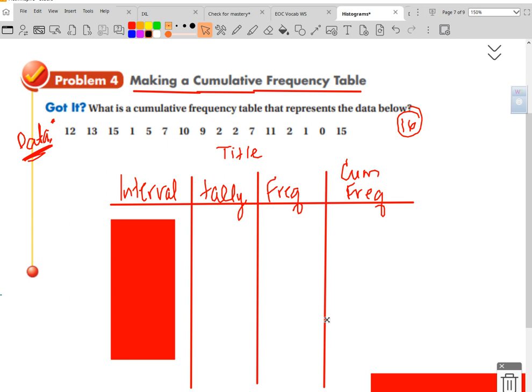If they give us a list of data, I have to make my own tally marks and put them in the intervals. My next column is going to be frequency. I abbreviated that, FREQ. And my last column is our new column, the cumulative frequency, CUM-FREQ. CUM is going to stand for cumulative.